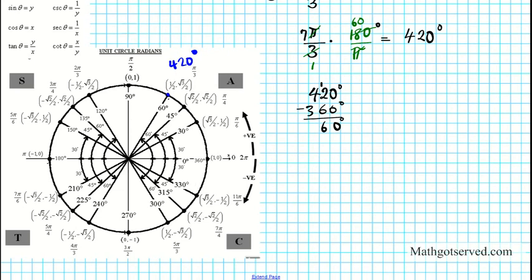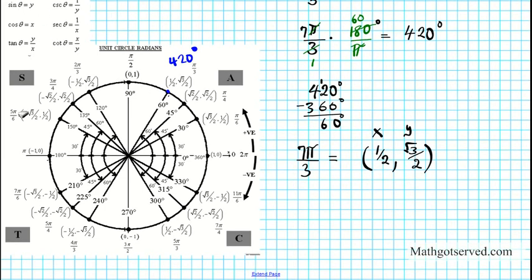Okay, so what we care about for the angle 7 pi over 3, which is the same thing as 420, are the coordinates 1/2 and root 3 over 2. Okay? Now this is my x and this is my y. Now that I have identified the coordinates, now I can use my unit circle ratios to find all six trig ratios.